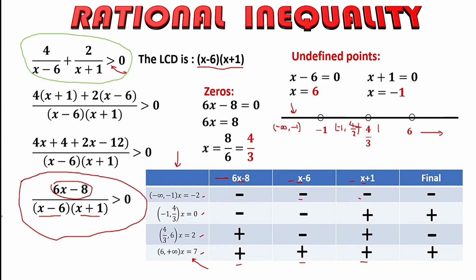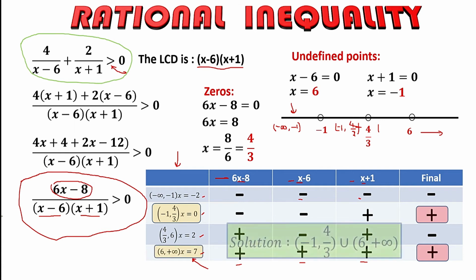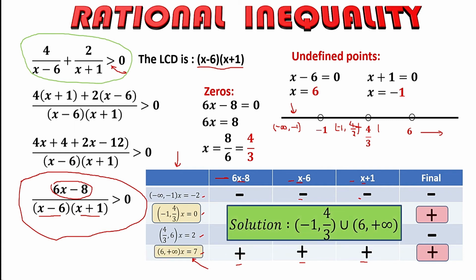My solution is where it is positive, so the corresponding intervals are this one and this one, and my final solution is from negative infinity to -1, union with the interval from 6 to positive infinity. This is the first example of how to find the solution of a rational inequality.